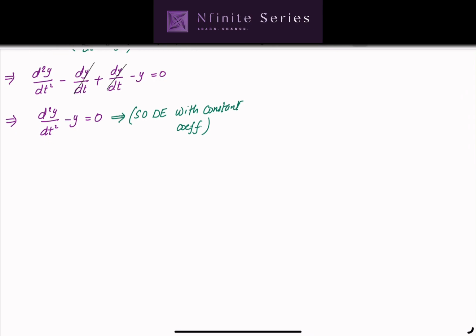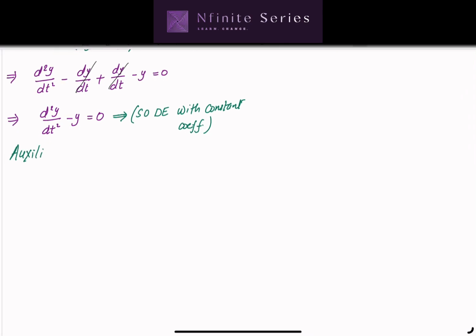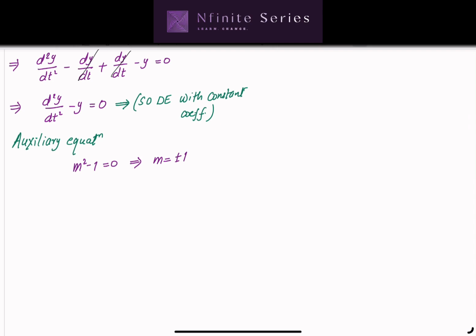And there is a standard way to solve such a differential equation. You consider the auxiliary equation depending on the form of the differential equation, which in this case is m square minus 1 equal to 0, which gives you m equals plus minus 1. And since the roots are distinct, the general solution is given by c1 times e power t plus c2 times e power minus t.